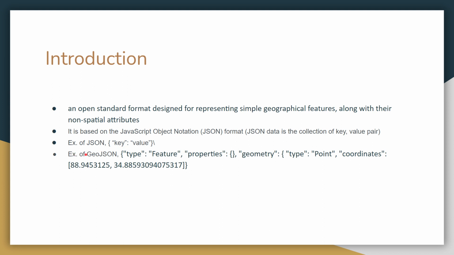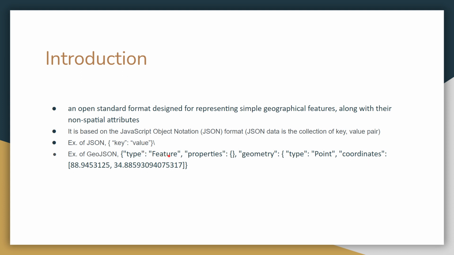For GeoJSON, it's also key and value pairs, but it has some standard types and standard keys. The type is one of the important standard keys in the GeoJSON data.